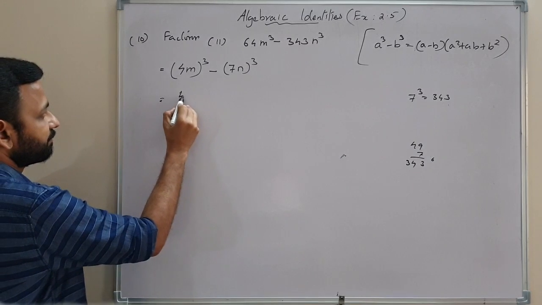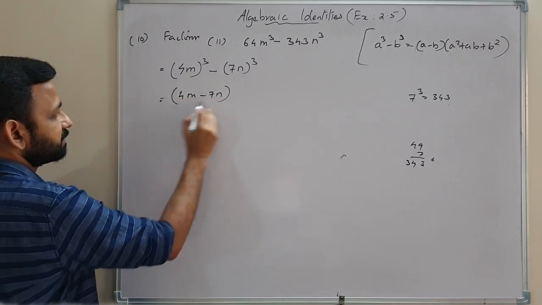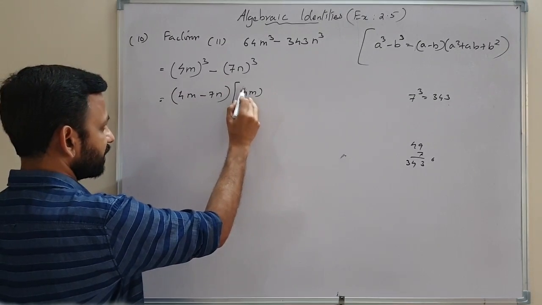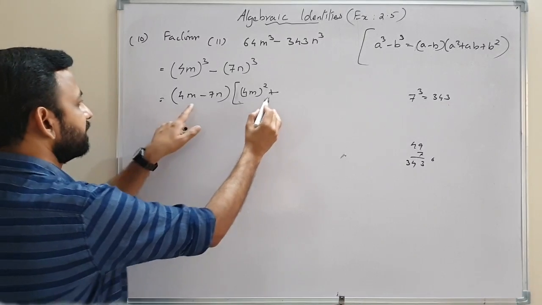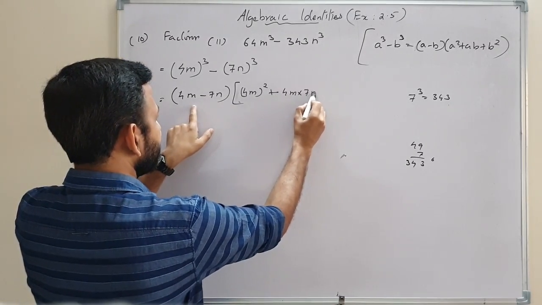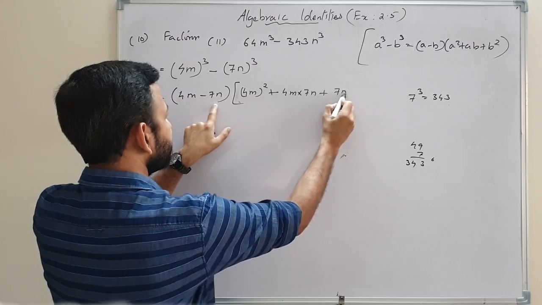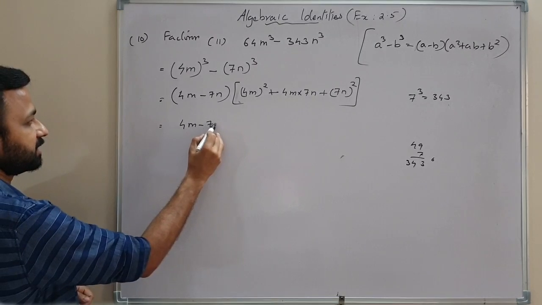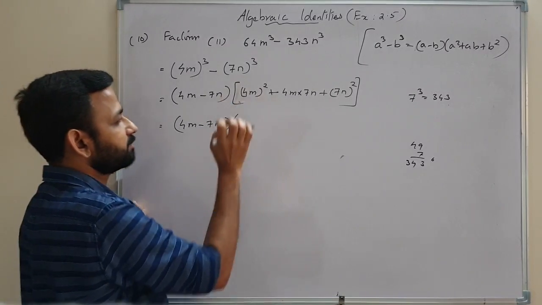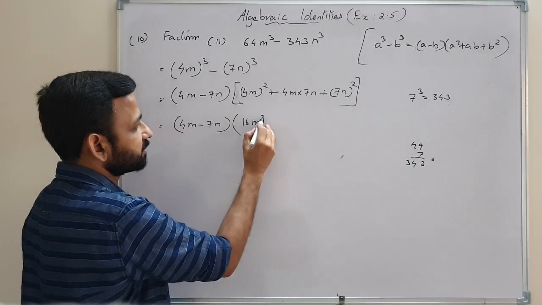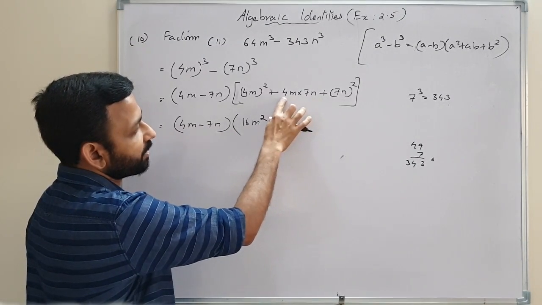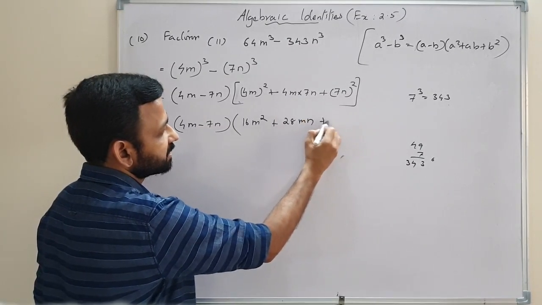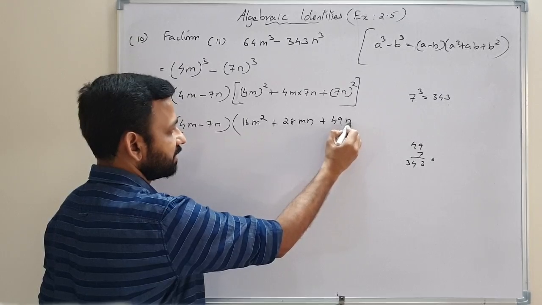So a minus b, 4m minus 7n, into a square, that is 4m square, plus ab, 4m into 7n, plus b square, 7n square. One more step we will write. That is 4m minus 7n into 4 square, 16m square, plus 4 into 7, 28mn, plus 7 square, 49n square.